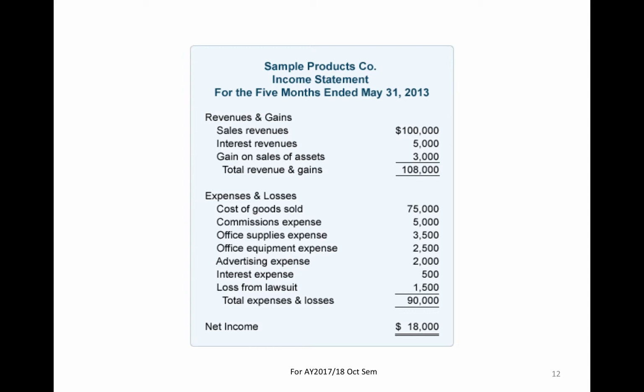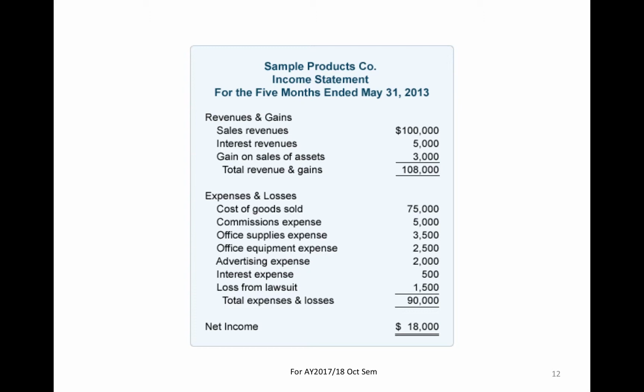Apart from that, you also have expenses and losses, like cost of goods sold, meaning that you have to buy in stock. If you employ a salesperson and you have to pay them commissions, that is also an expense. Then you have to buy office supplies and equipment, and you have to do advertising.